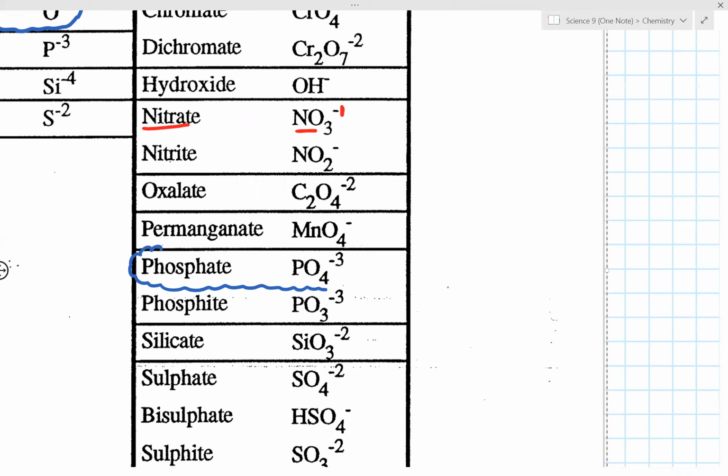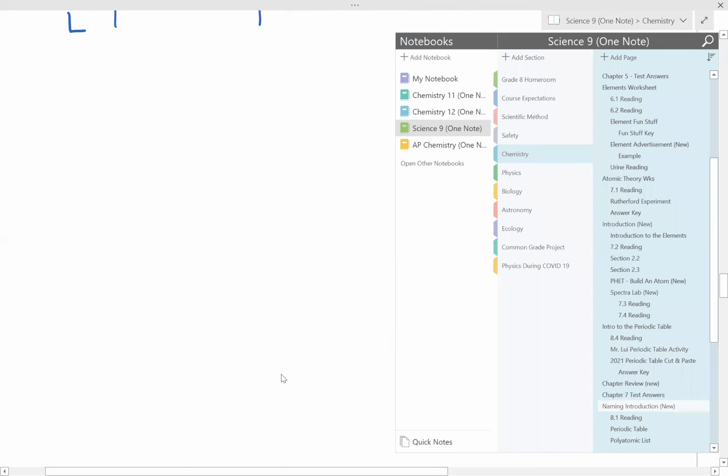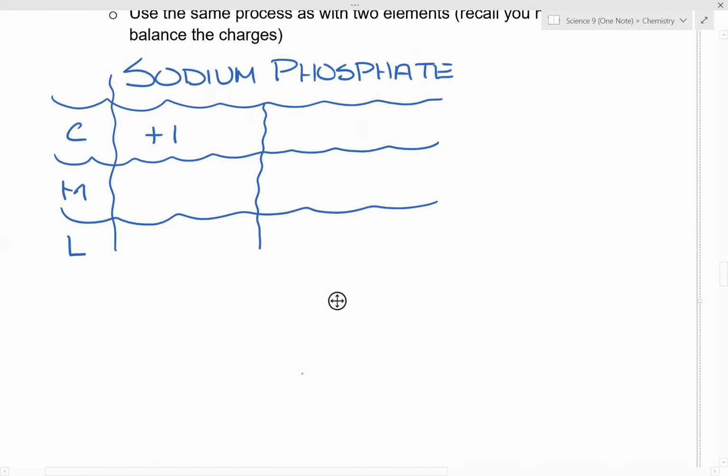Phosphate is 1 phosphorus and 4 oxygens, and overall it has a charge of -3. So the phosphate would be -3, and the lowest common multiple is 3. Here would be ×1, and sodium would be ×3.